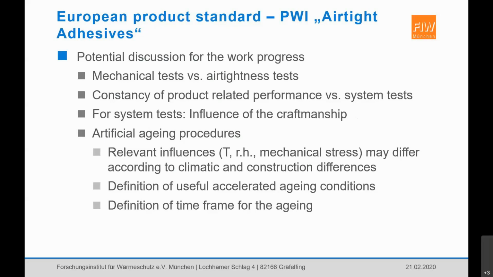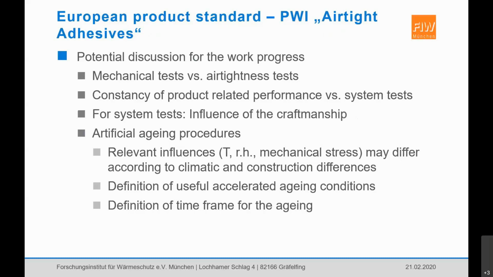Product-related tests are more useful to give an indication about the constancy of performance of the production. On the opposite, the system tests are more relevant to show the basic functionality of the product, in the best case under realistic circumstances.